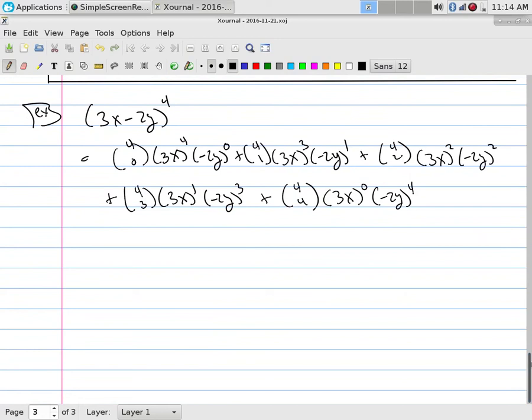The binomial theorem has plus, so the sign of the middle is actually attached to the second object. Then what do I have to do? I have to simplify this entire thing down. 4 choose 0 ends up being 1. 3 to the fourth, x to the fourth, negative 2y to the 0 will make this thing 81x to the fourth. And so I'd have to simplify all of this work.